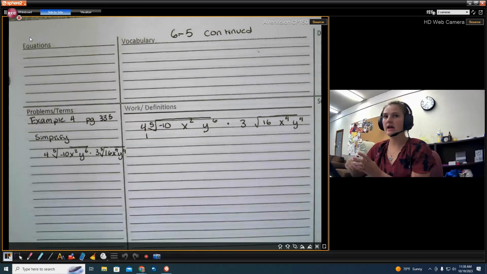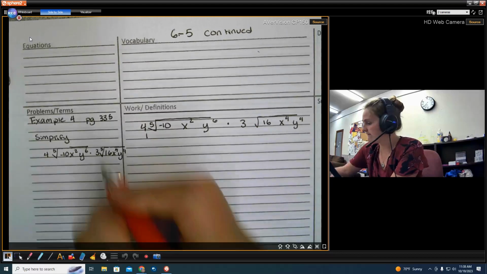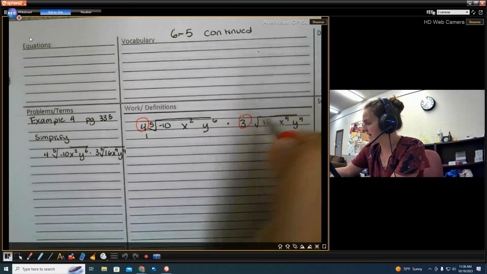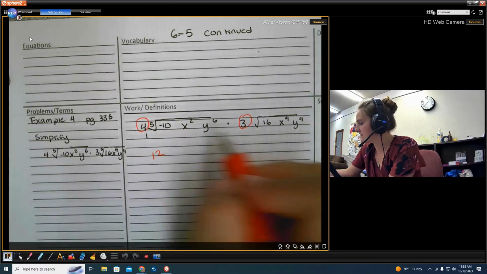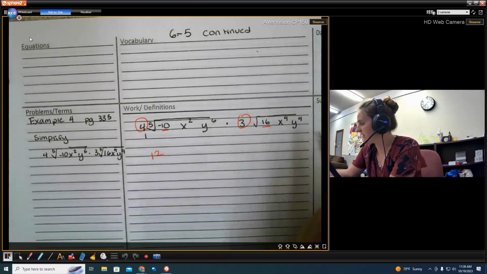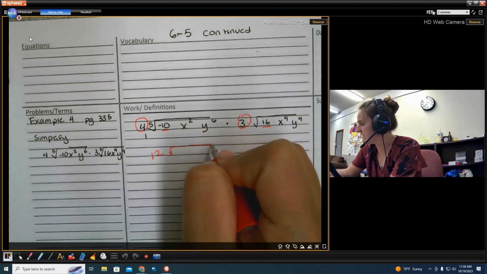Okay, so when we're multiplying, everything that's on the outside will multiply, and then everything that's on the inside will multiply. So our 4 and 3 are on the outside, so 4 times 3 is 12, and then the inside. So my numbers are going to multiply together, so that's negative 160.